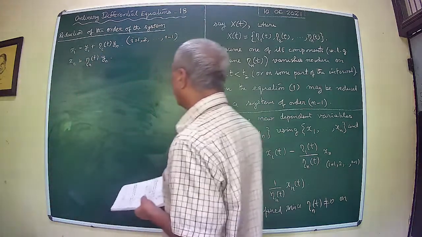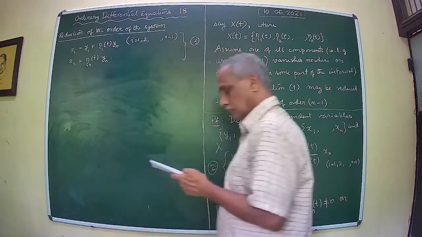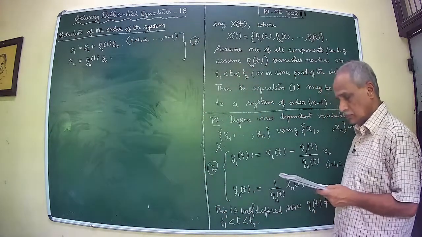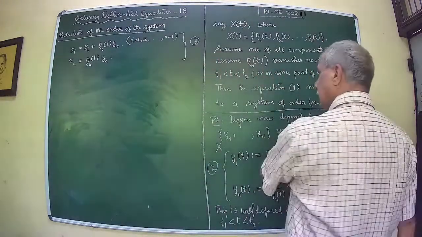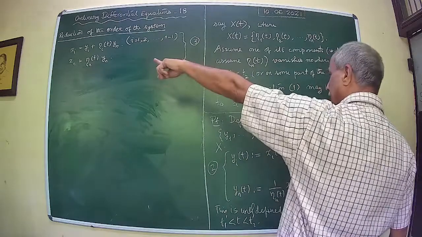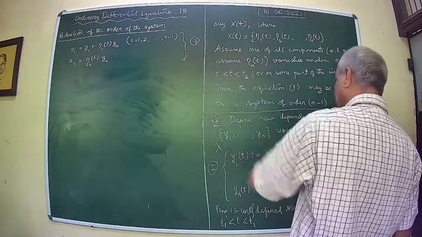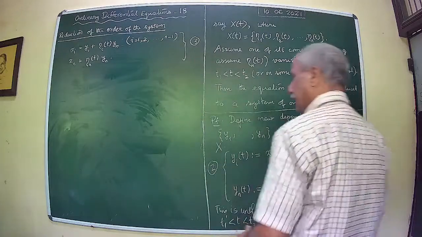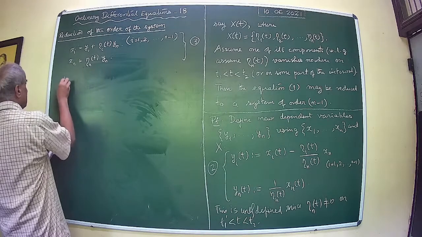This is the working backwards. Now you see that if you know xn, then you know yn. If you know yn, then you know xn. These two systems, then you can write down the equation corresponding to yn. So for that we will compute the derivative. Just verify this.